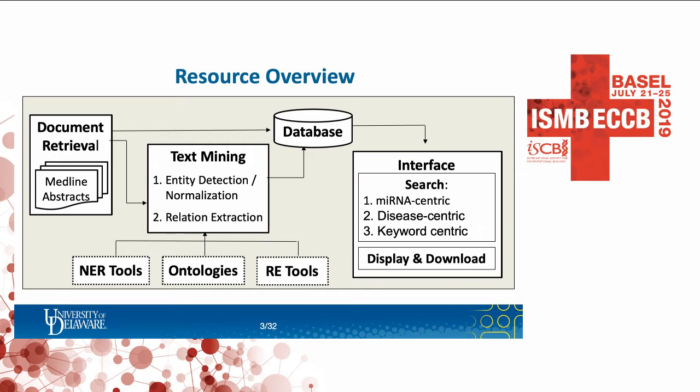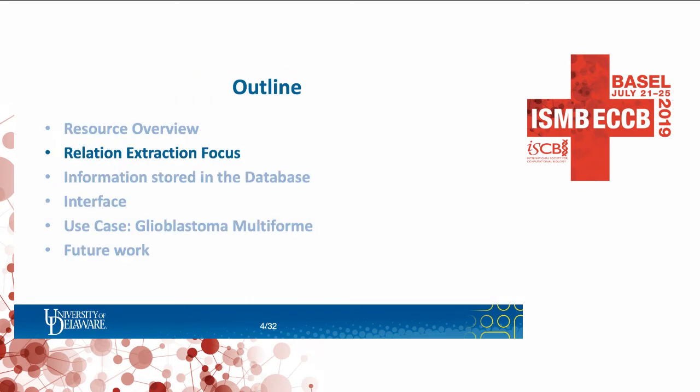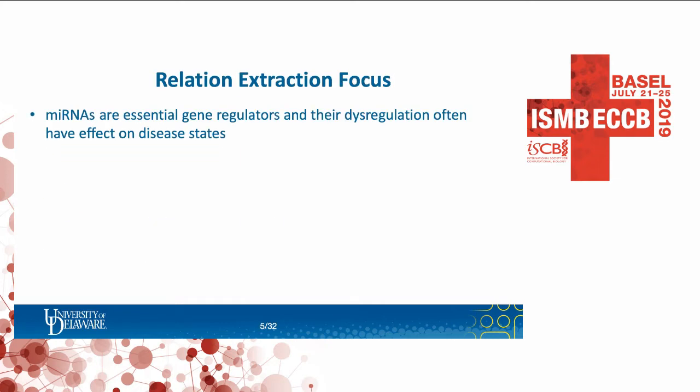And then we display our relations, and we have the ability to download the relations that we extract from all the abstracts. So now that I have spoken about the relations between biological entities and microRNAs, let us see what kind of relations we focus on.